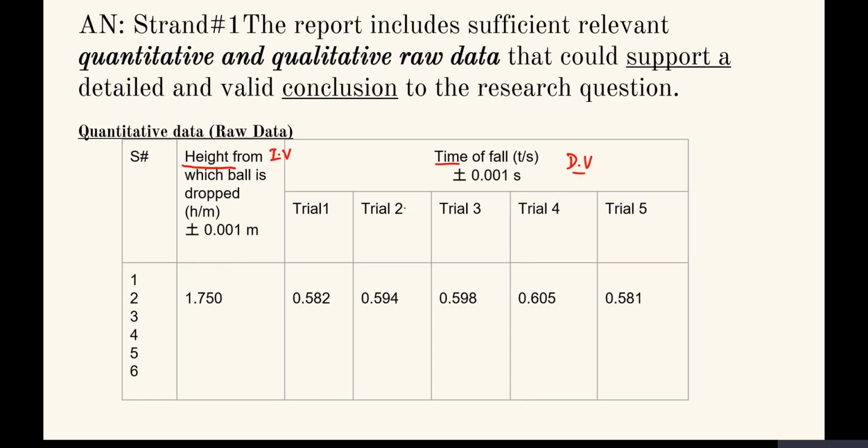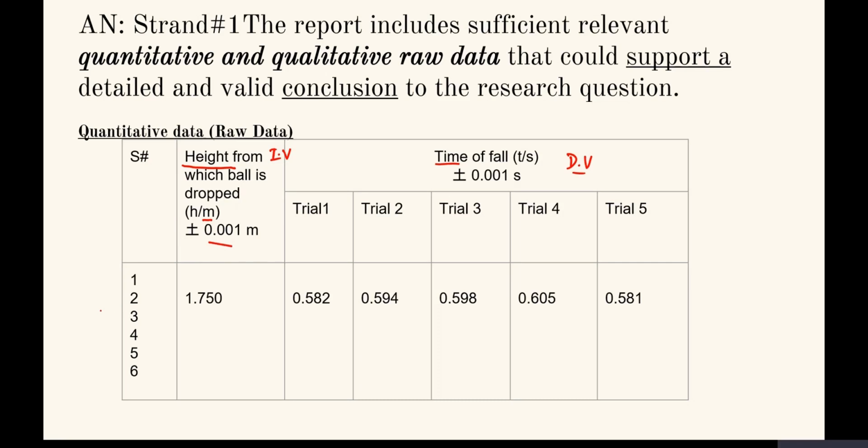Now, moreover, this table shows how the data table should look. The column heading should clearly say what you are measuring, which is shown here, its unit, and the uncertainty.